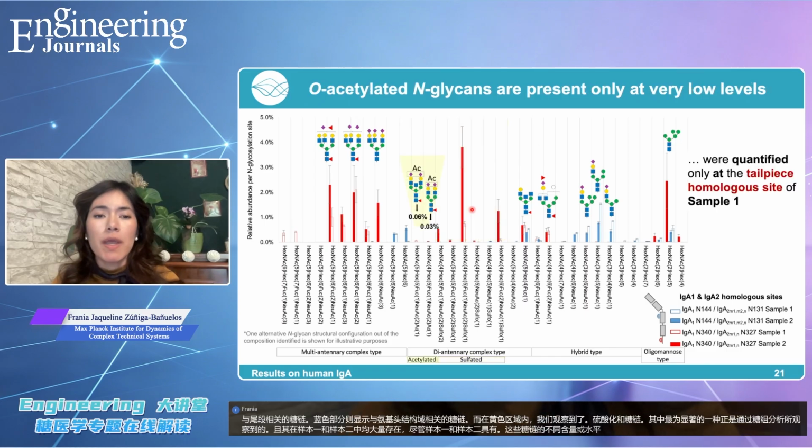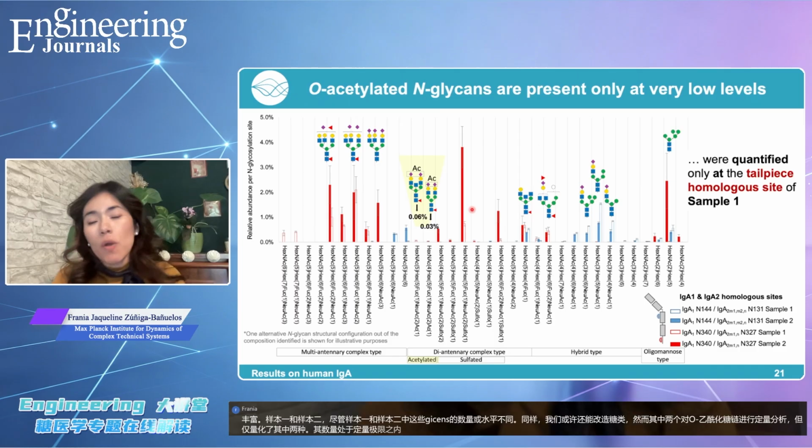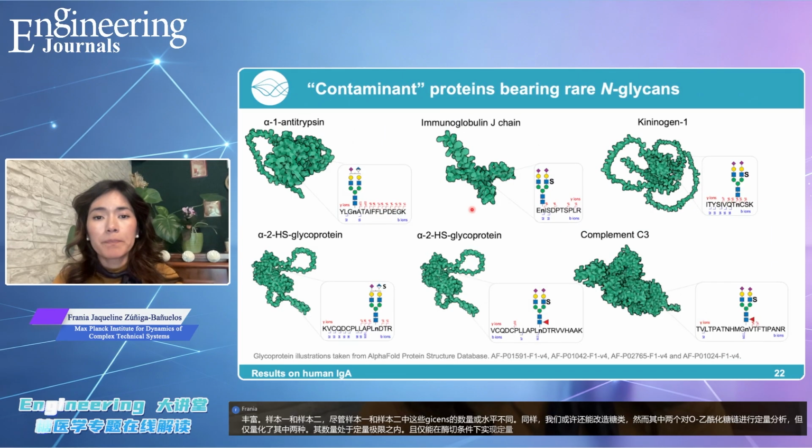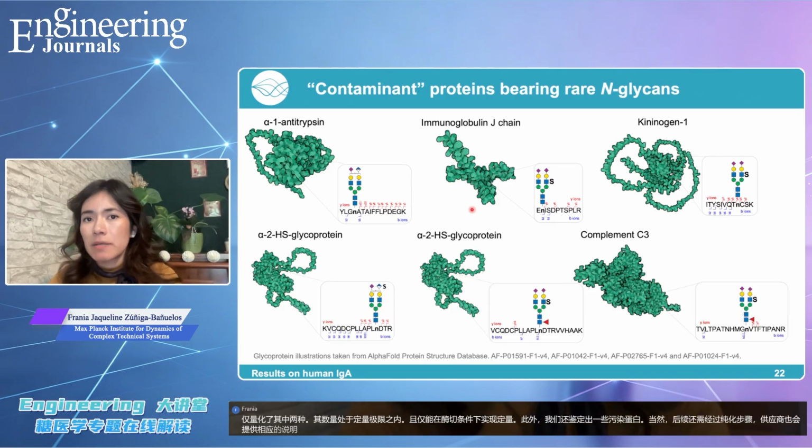Similarly, we could also quantify O-acetylated glycans. However, only 2 of them were within the limit of quantification. And we could only quantify them at the tailpieces of sample 1. We could even identify contaminant proteins. Of course, there is a purification process, and the vendor provides IgA at certain purity, 99%, 95% sometimes.